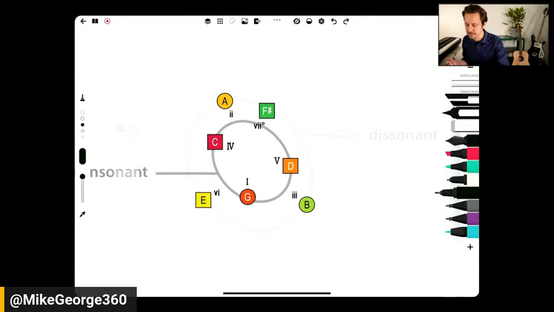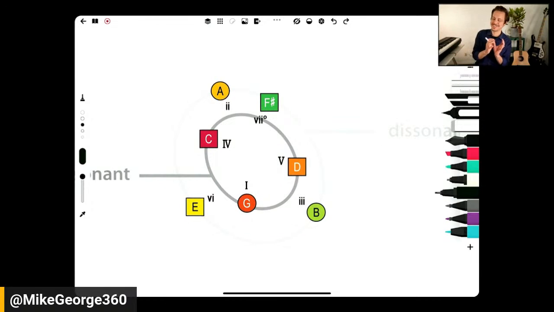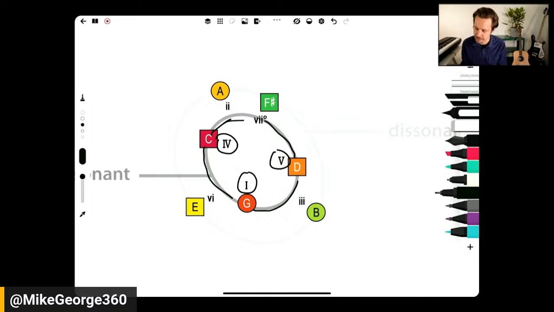You can dive in deeper and see really cool connections between the chords, like this inner ring of consonant chords, the 1, 4, 5, the 1, the 4, and the 5, in this case, G major, C major, and D major, are all closely related because of their relationship in the circle of thirds. They're neighbors in the circle of fifths.